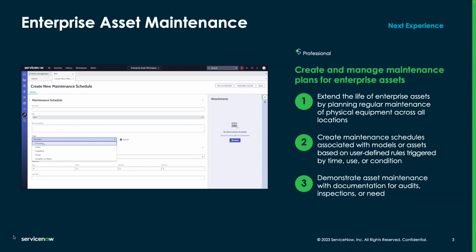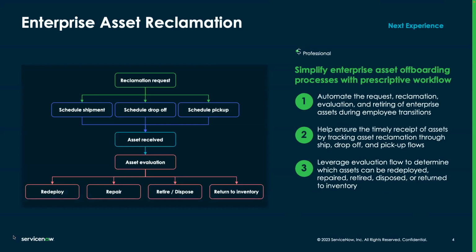This will allow our customers to manage these asset plans for enterprise assets to extend the life of these assets by planning regular maintenance, as well as being able to create maintenance schedules associated with specific models or assets inside of the environment, as well as being able to demonstrate asset maintenance with documentation for audits or inspections or as needed.